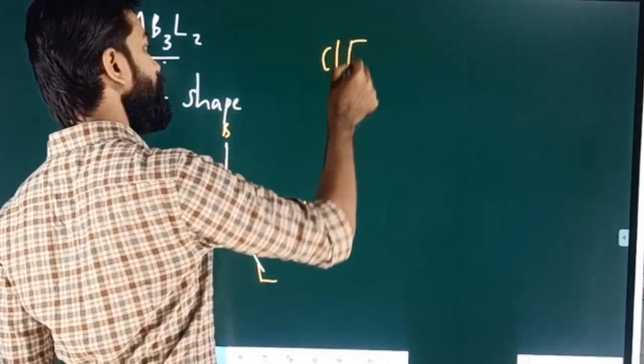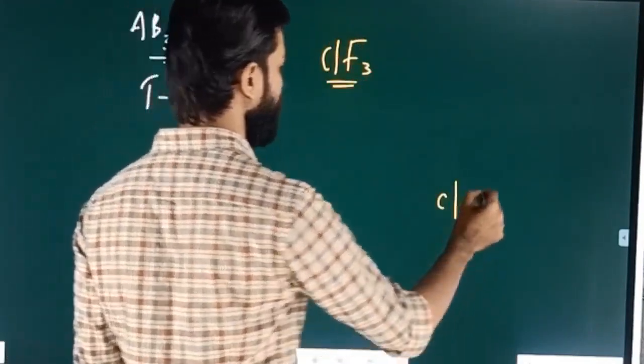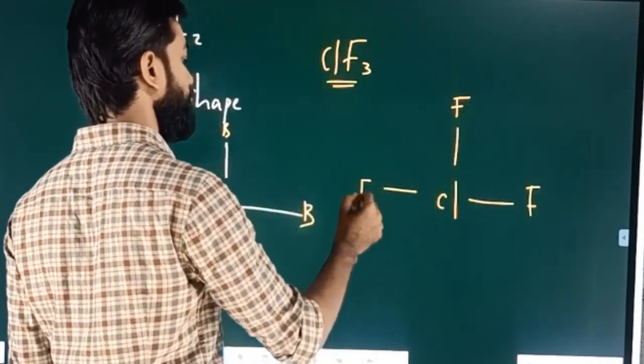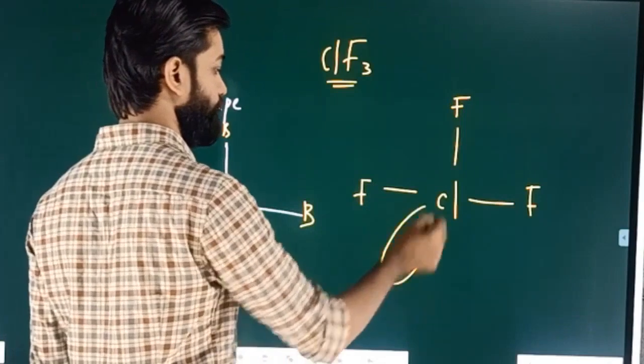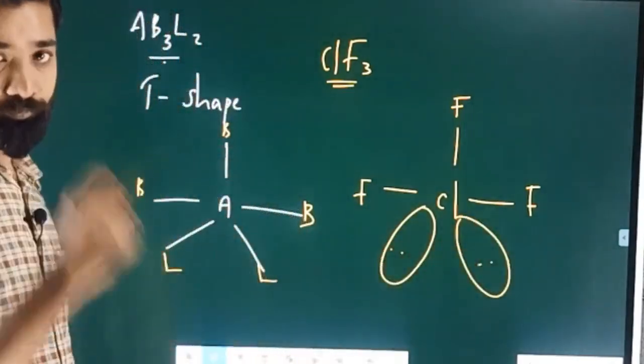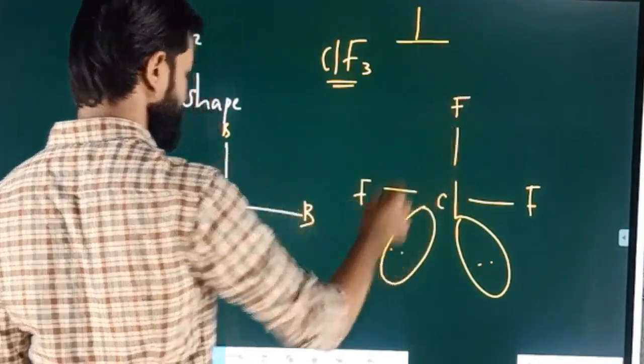And the example for that is ClF3. Here is a bond, here is a bond, here is a bond, and these two are lone pairs. Okay, ready. So you check the shape of the bonds, that's T shape.